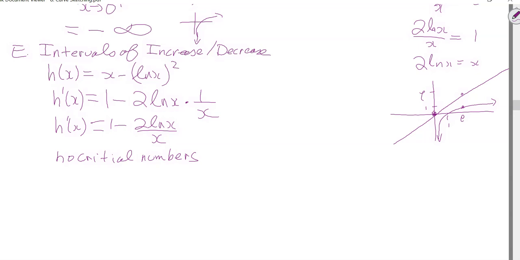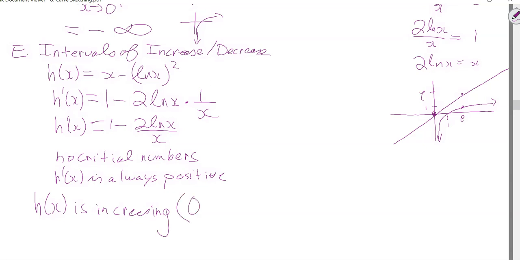So this is always less than 1, so this is always positive. So h prime of x is always positive. So h of x is increasing from 0 to infinity. It's just kind of like the ln function, always increasing. So there can't be any local min or max.